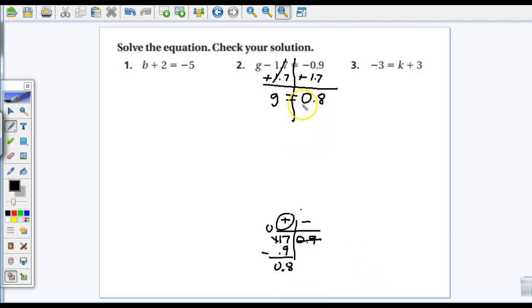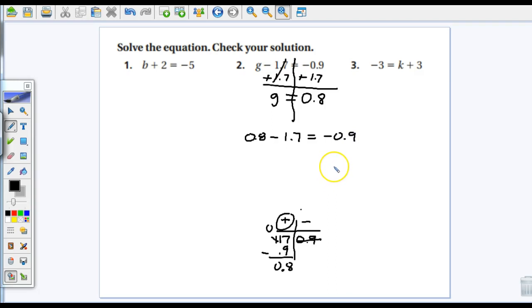Make sure you include that 0 before your decimal. 0 is a strong placeholder, and it's going to help you out in many situations. Let's do our check. I'm going to take my 0.8, going to subtract 1.7, and is it going to equal negative 0.9?